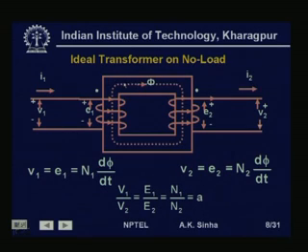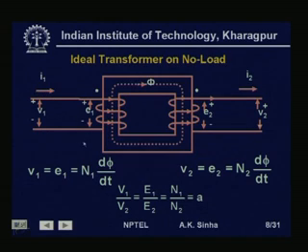This flux will be an alternating flux, and it will cut the turns of this winding, which will induce a voltage E1 in this winding. This E1, as per Lenz's law, will oppose this voltage V1. So, the polarities will be as marked here, that is, this will be positive, this will be negative.